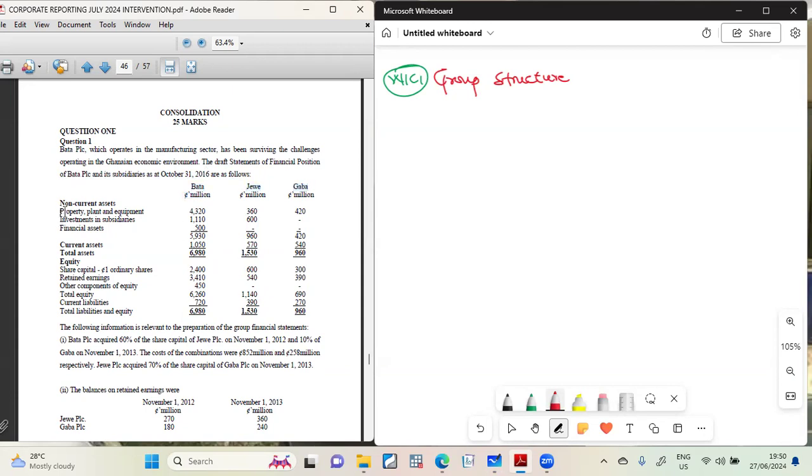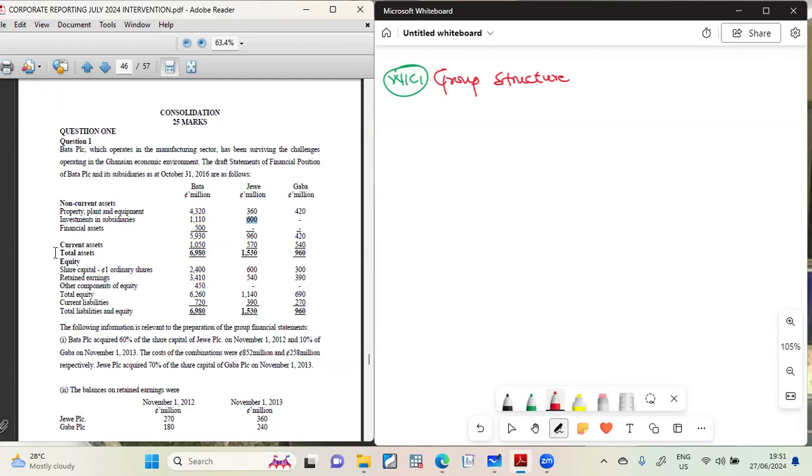Now, you have their property, plant and equipment, and investment in the subsidiaries. So you see investment in this subsidiary, and you see investment in this one. Yes, it's correct. That is the investment in the subsidiaries.